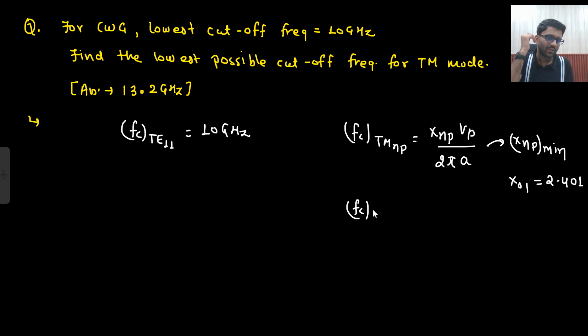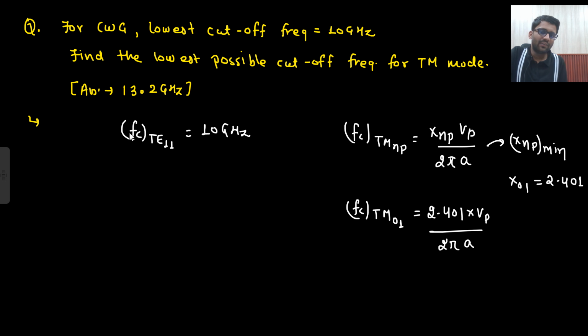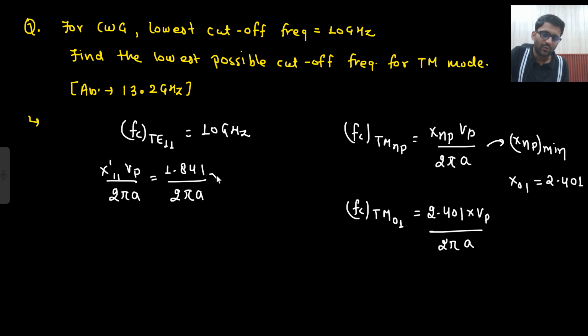So what you are actually calculating is TM01, and that is 2.401 into Vp divided by 2 pi a. And what is given? What is your fc of TE11? That is X dash 11 into Vp divided by 2 pi a, where X dash 11 is 1.841, and that is given as 10 gigahertz.